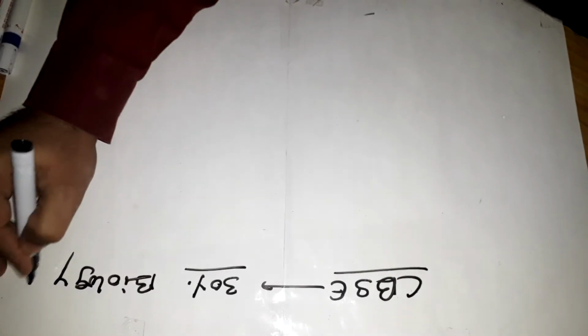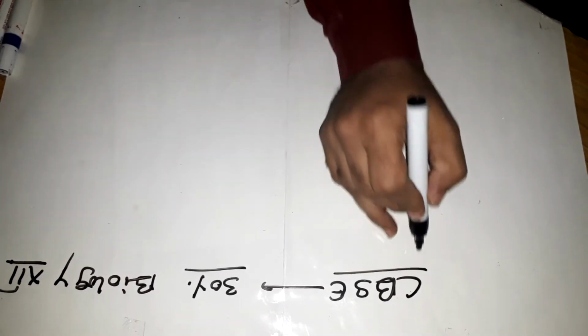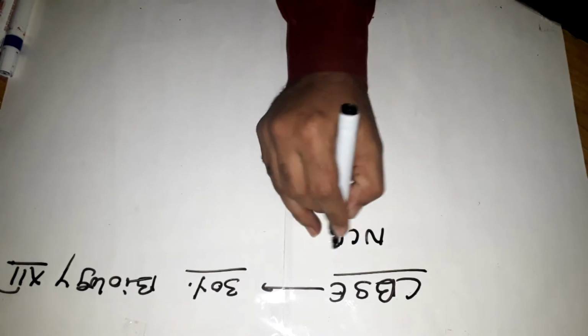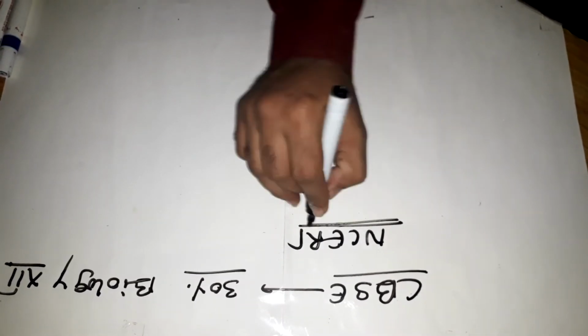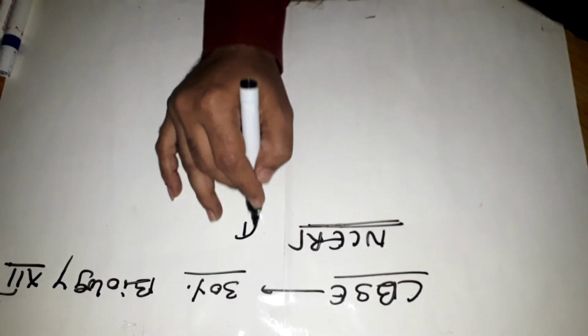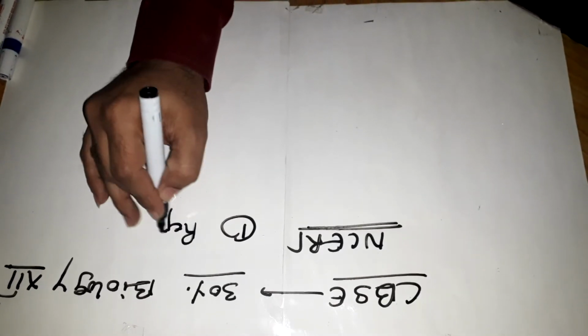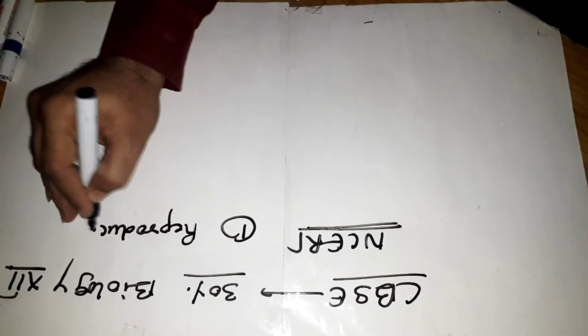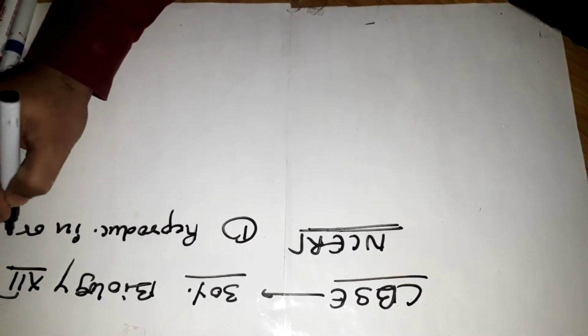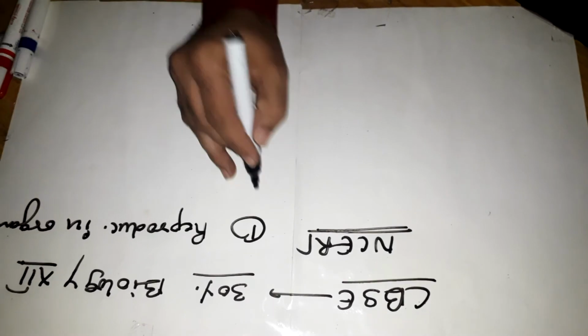A very important news for CBSE students, that CBSE is going to reduce the syllabus by 30% for biology 12th. The chapters from NCERT that were deleted: first, reproduction in organisms, maybe the first chapter.